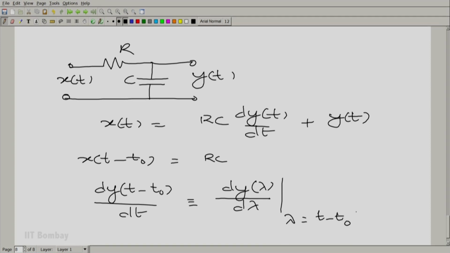That is not too difficult to see. This is indeed true. That means essentially we are saying that the derivative operator itself is shift invariant. So, because the derivative operator is shift invariant, when I take a derivative, when I take a sum, these two operations together do not destroy shift invariance, and therefore this whole system is shift invariant.